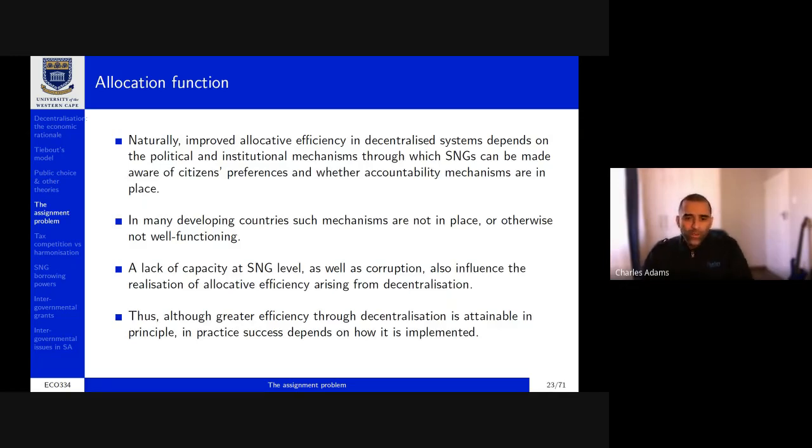Okay, so although greater efficiency through decentralization is attainable in principle, in practice, success does depend on contextual factors that I just mentioned.